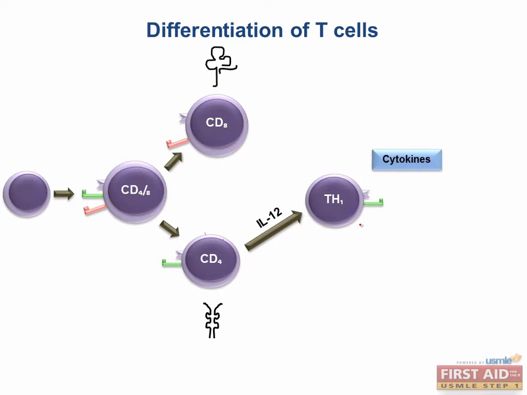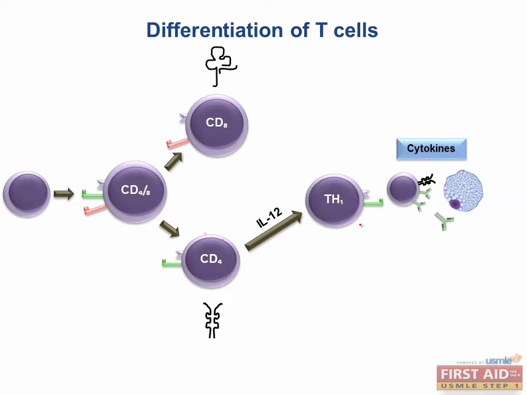Well, they release cytokines like most helper T cells do, but what types of cells do they stimulate? B cells. They help B cells class switch and change from making IgM into IgG and other types of immunoglobulins. And these cytokines stimulate macrophages and other antigen-presenting cells to process antigen. All right? So that's what Th1 cells do.